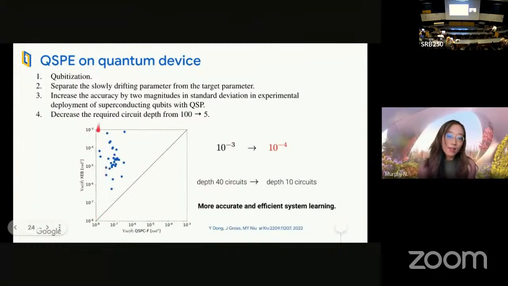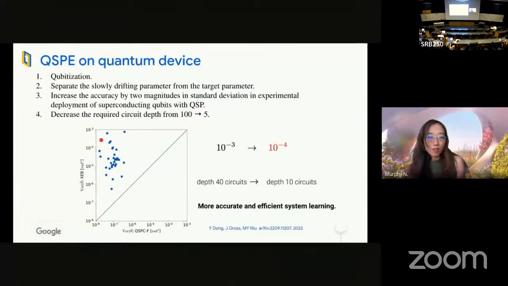And the y-axis is the result from the prior art. As you can see, in the prior art the variance of the estimation of theta is spread all over the place, maybe largely due to the different drift of phi from qubit to qubit. But our method is concentrated around 10 to the minus 3 to 10 to the minus 4 in the standard deviation of theta.